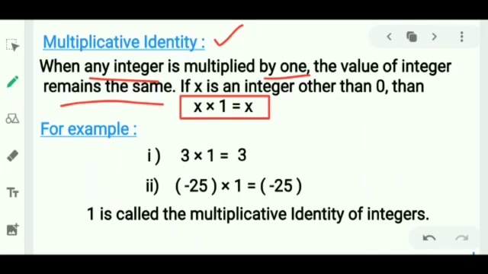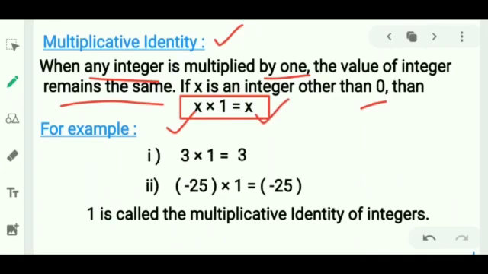So if x is an integer other than 0, remember students, other than 0, because we know if we multiply 0 with any number, the product becomes 0. So we have to take an integer other than 0. Then x multiplied by 1 becomes x.